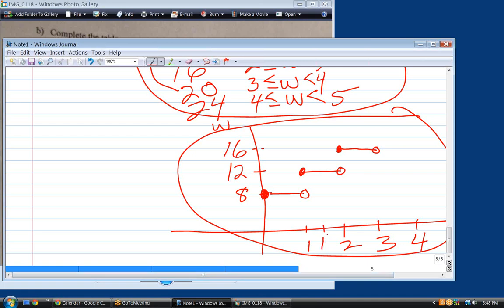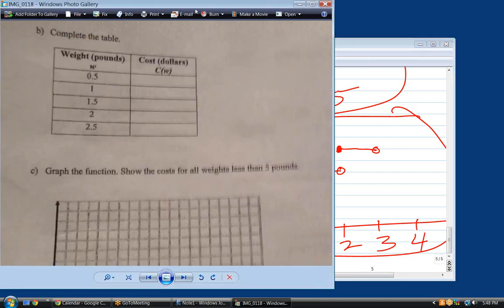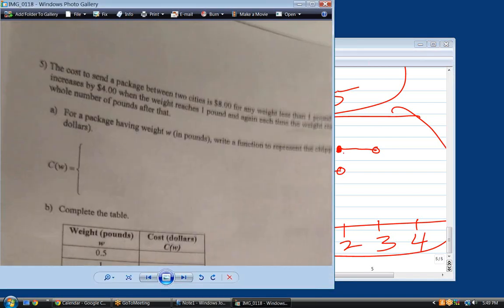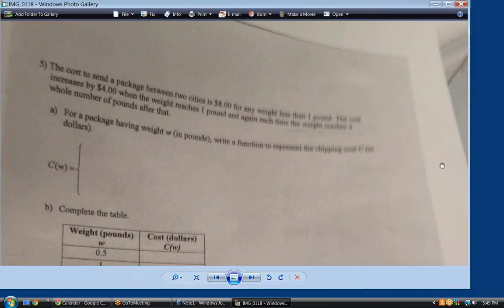What he was saying, David, is that he thought that 1.5 would be just a half of the $4. But what the function says is that once you break that pound and get into the next function, it's $4 no matter what. You don't get any fraction discount. That's the way I interpret that. The cost increases by $4 when the weight reaches 1 pound, and again each time the weight reaches a whole number of pounds after that.